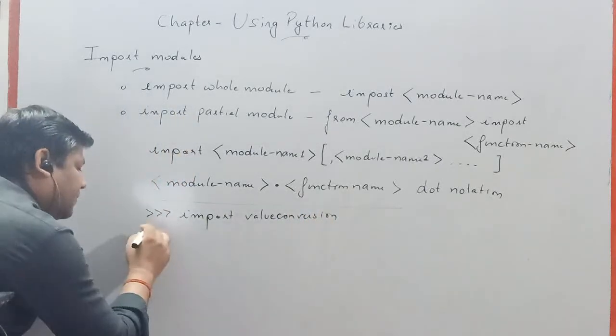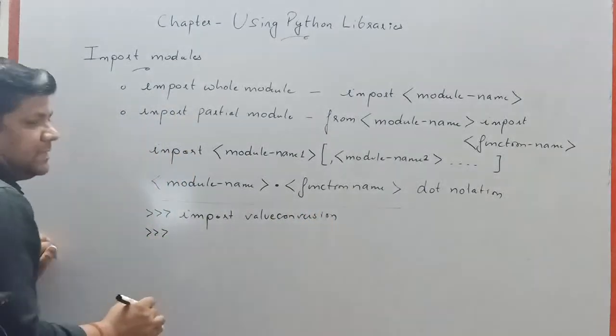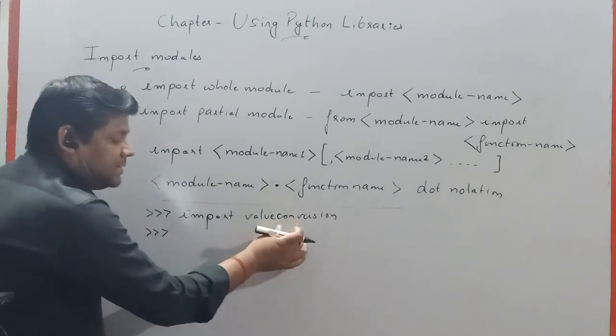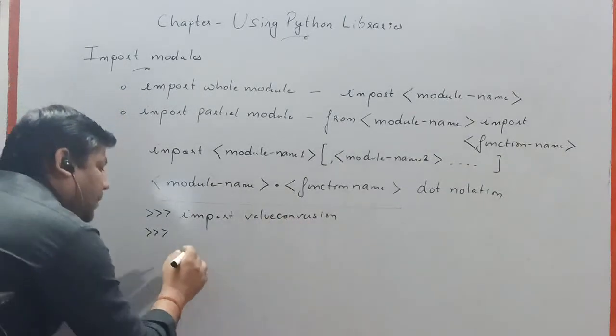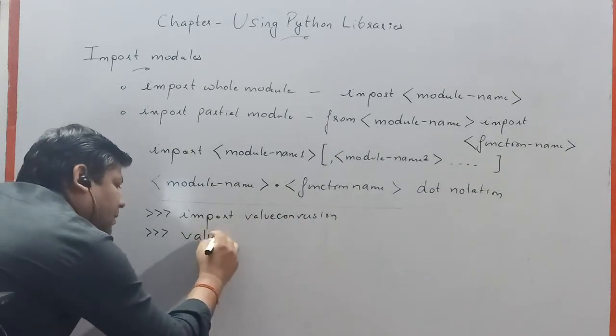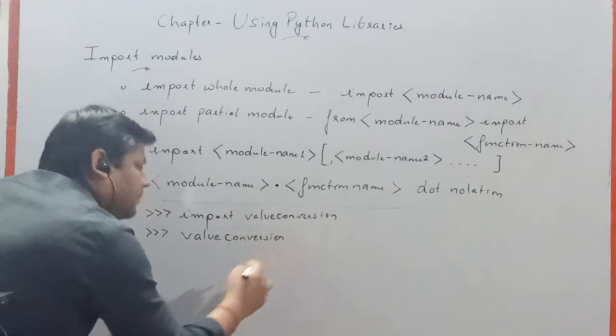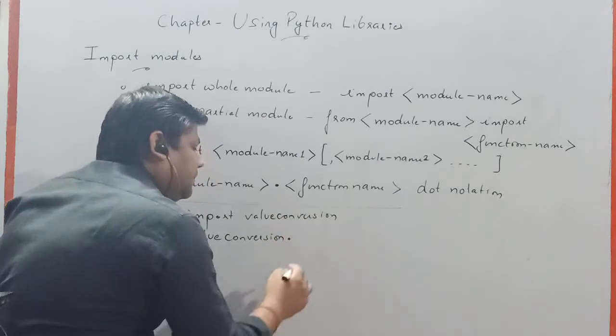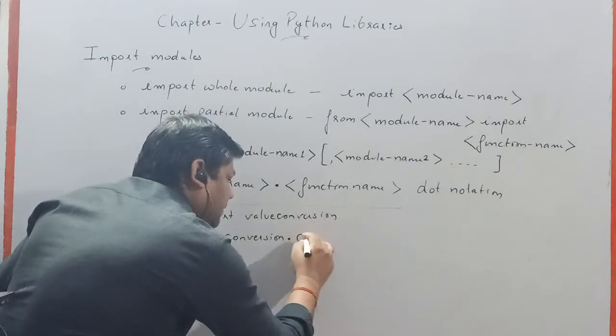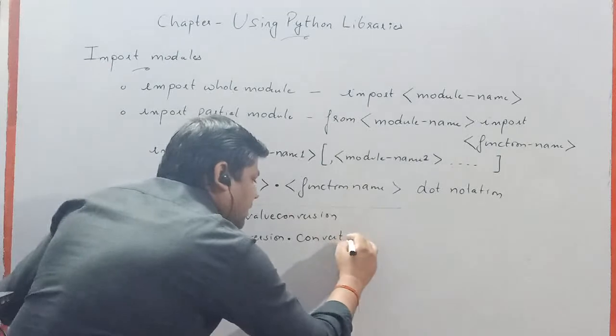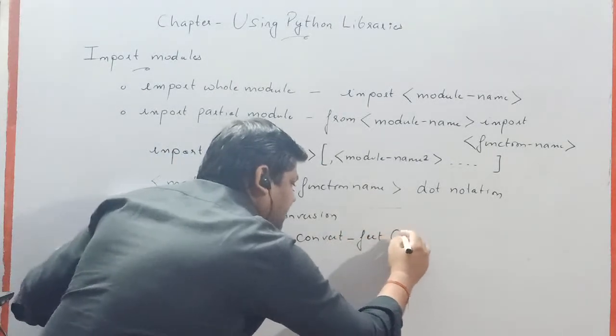After that we can access the function from value conversion, but again you have to repeat the module name: value conversion dot convert feet.